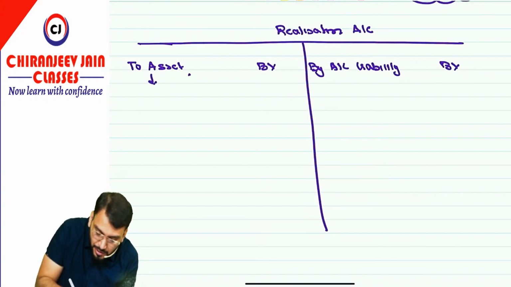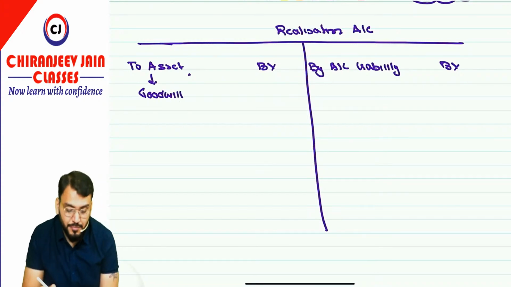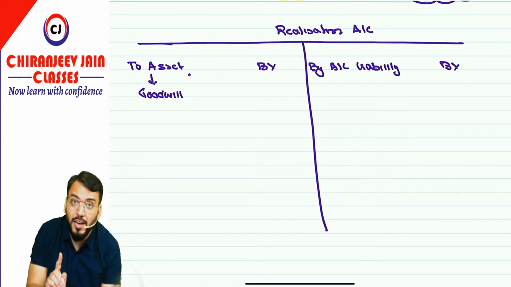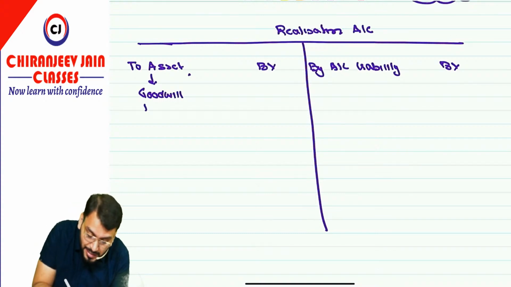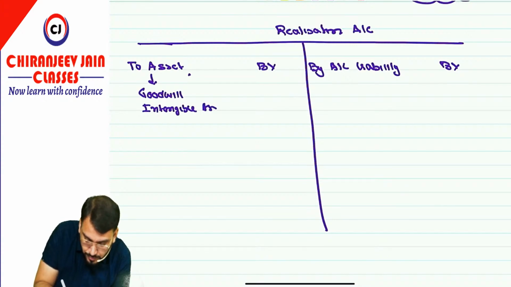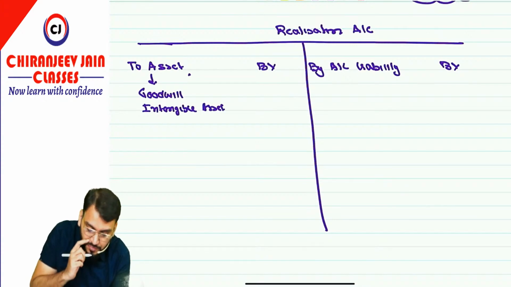This asset will include goodwill at book value, not at fair value, if goodwill is coming in the balance sheet. All other intangible assets also.